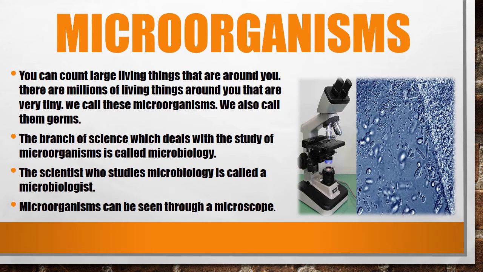The branch of science which deals with the study of microorganisms is called microbiology. The scientists who study microbiology are called microbiologists. Microorganisms can only be seen through a microscope. As I have told you earlier, microorganisms are very small, we cannot see them, so we need instruments like a microscope to observe them.